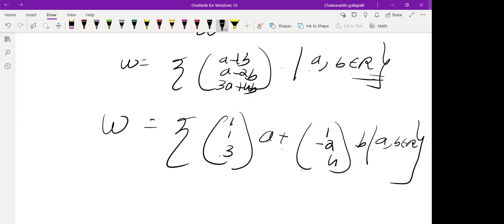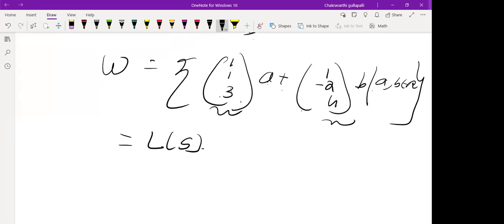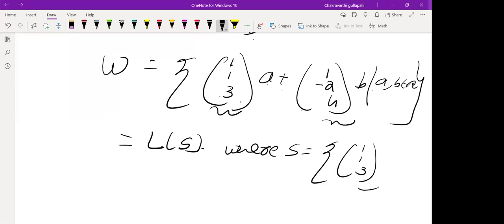L of S is C1 U1 bar plus C2 U2 bar and so on, up to Cn Un bar, which is nothing but the linear span of S. What is S? U1, U2, up to Un, the vectors which are present. Here S is these 2 vectors: (1, 1, 3) and (1, minus 2, 4).